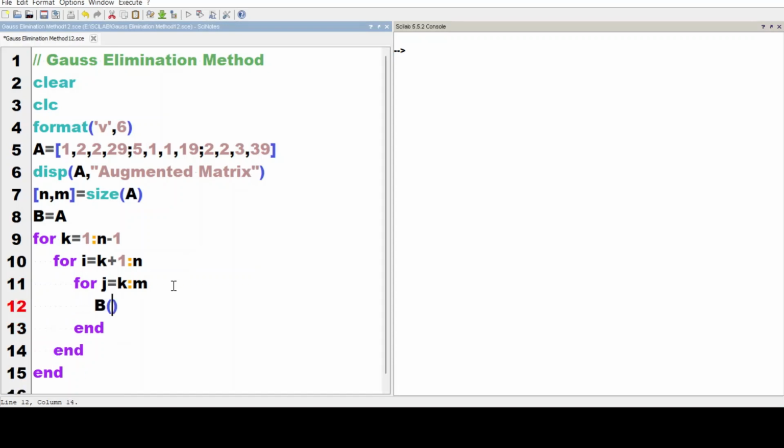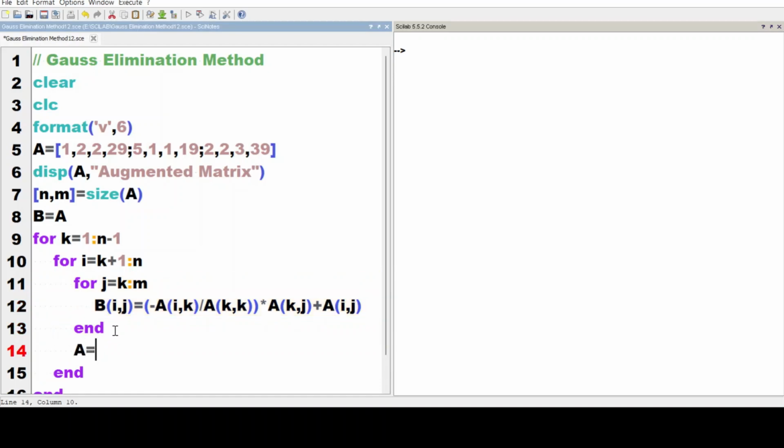Here we write b i comma j is equal to minus a i comma k divided by a k comma k multiplied by a k comma j plus a i comma j.